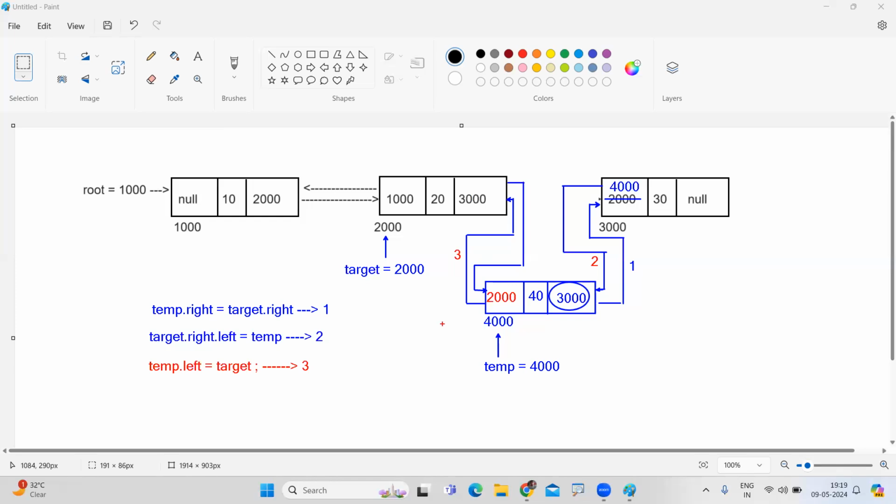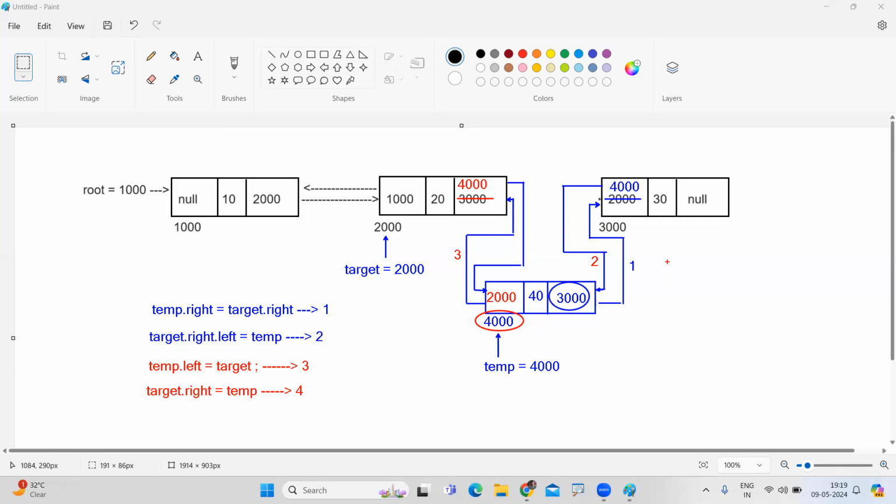Next one is the fourth one. This 4000 you need to store here. Sir, what is 4000? Temp. Temp you need to store into target to right. Target to right is equal to temp.